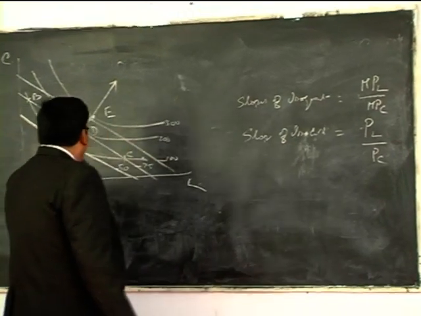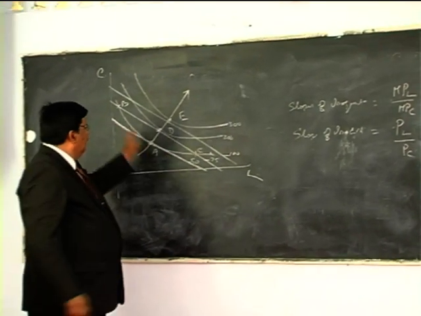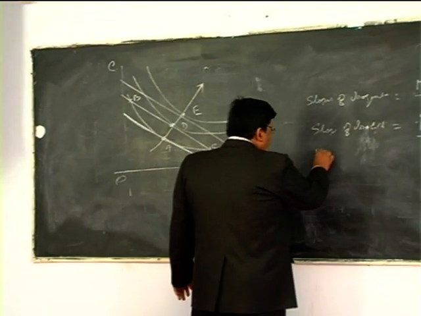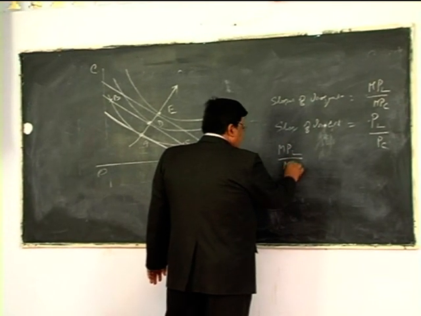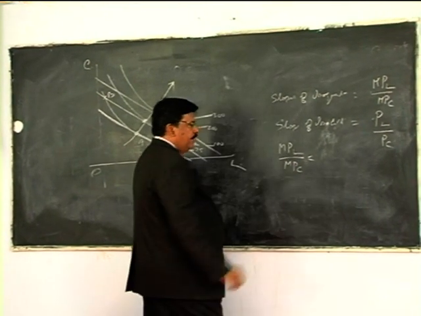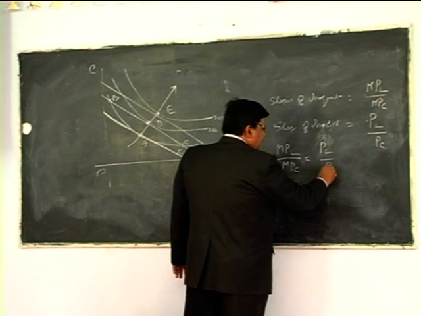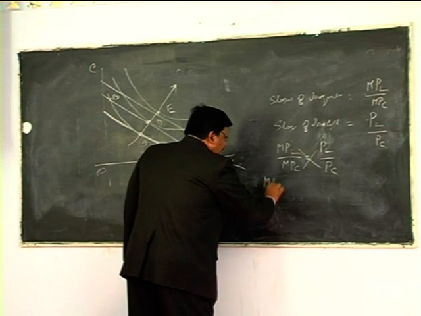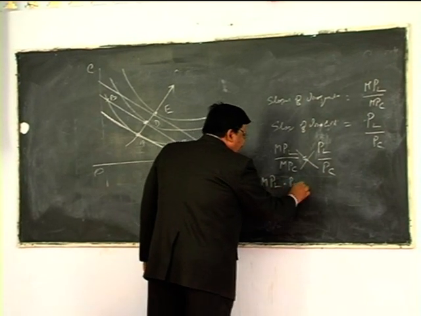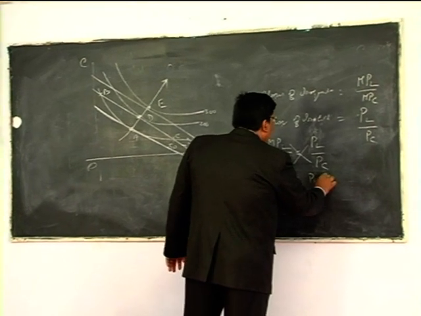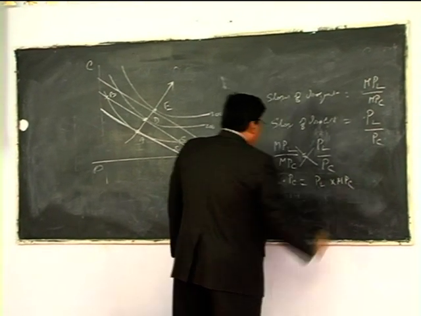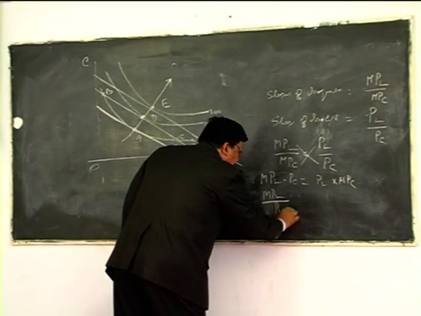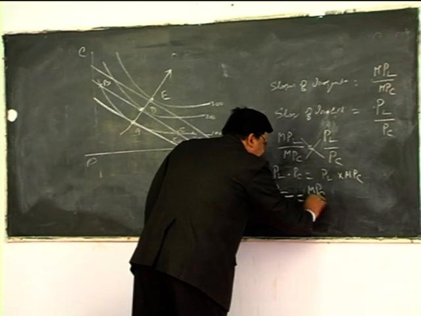So at point A, the slope of isoquant and the slope of budget line are equal. So MPL by MPC is equal to price of labor by price of capital. If you cross multiply, you get MPL into price of capital is equal to price of labor into MPC. And if you simplify this, MPL by price of L is equal to MPC by price of C.